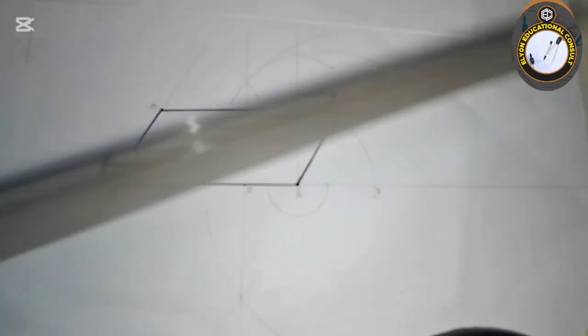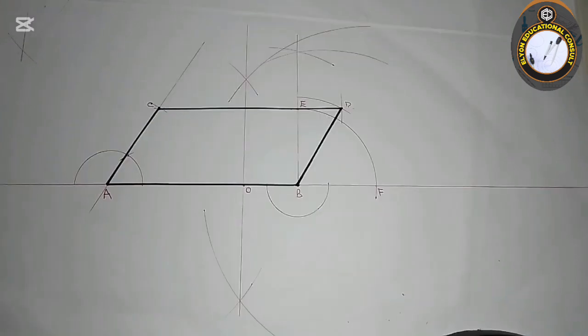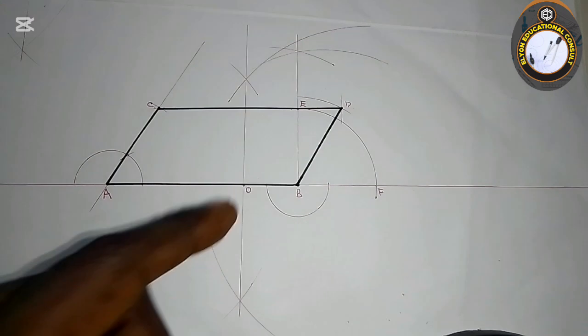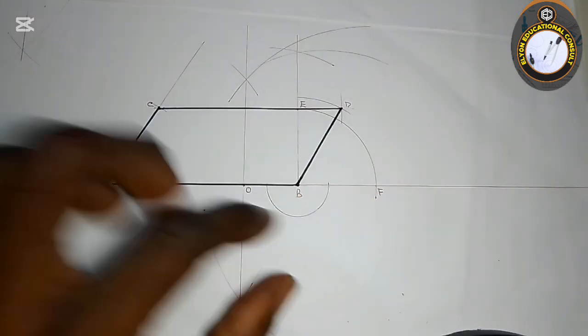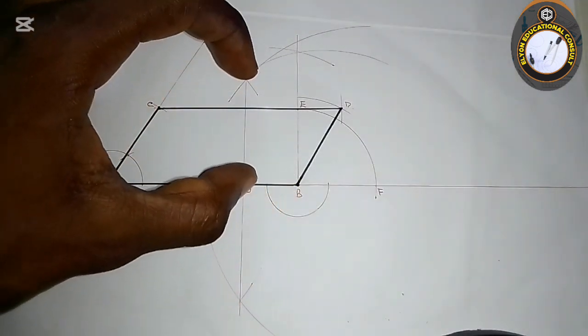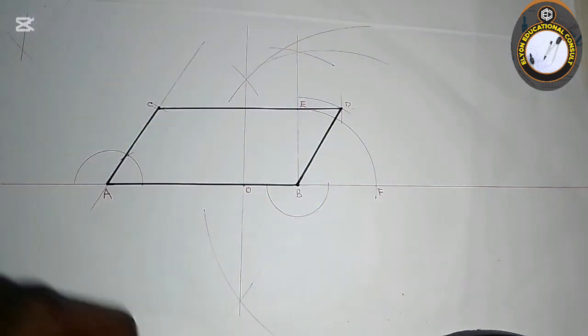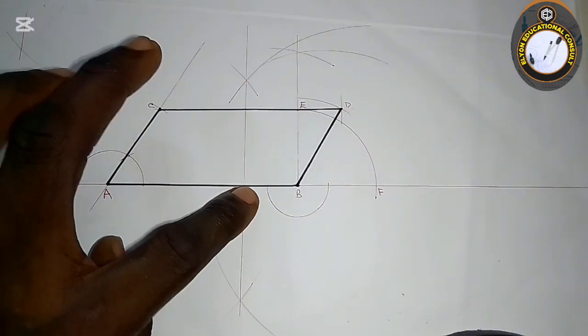So this is our parallelogram now. I continue with the square I want to draw, which will have equal area with this parallelogram.